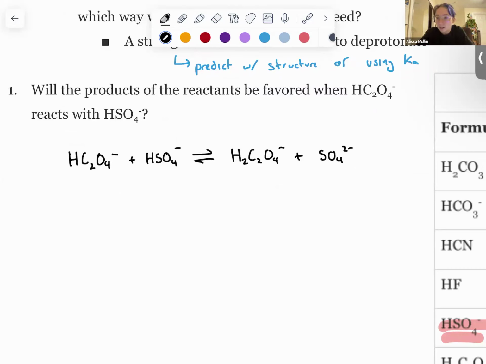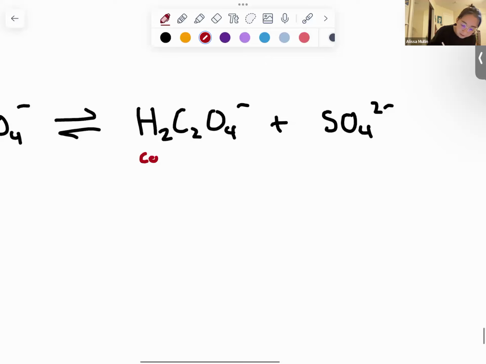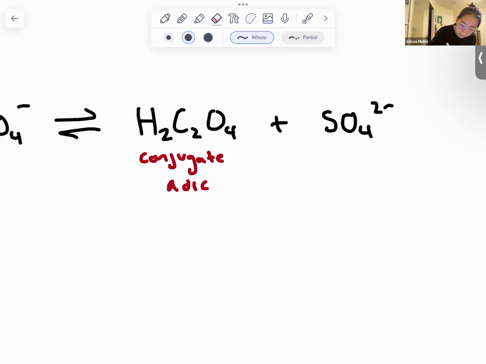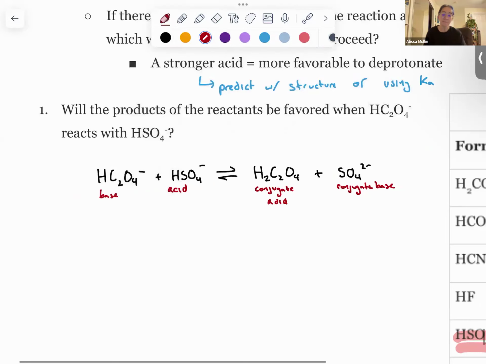To do that, we've now formed, let's label all this, our acid, our base, our conjugate acid, which no longer has that charge, and our conjugate base. So both sides of the reaction now have an acid and a base.